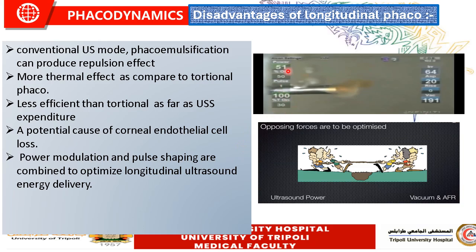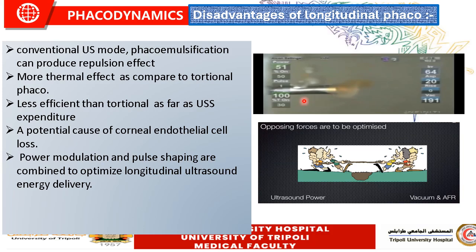Another thing, we need to do some modulation of the continuous ultrasound in the traditional phaco, so that we reduce or minimize the hazards or the side effects of this modality of ultrasound delivery. Unlike in the Ozil or the transverse phaco, where not much modulation is needed.